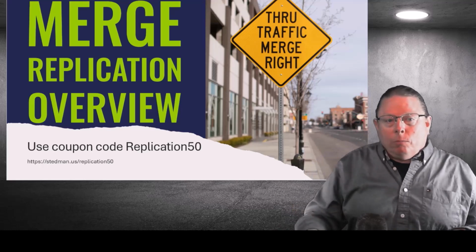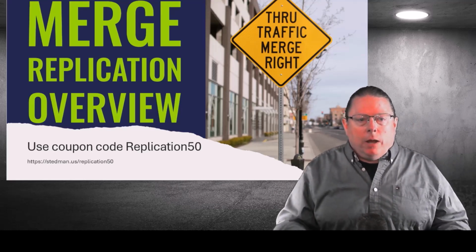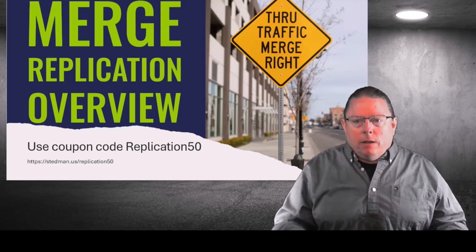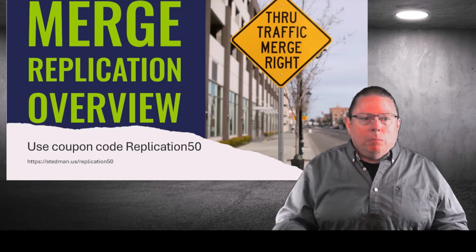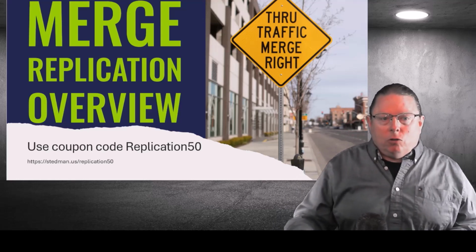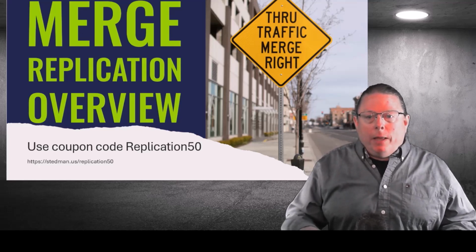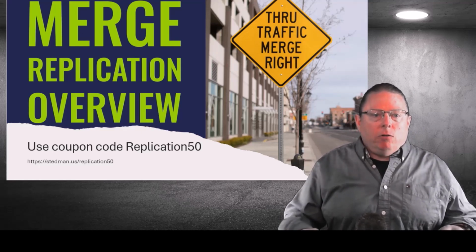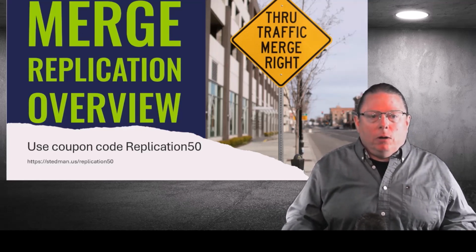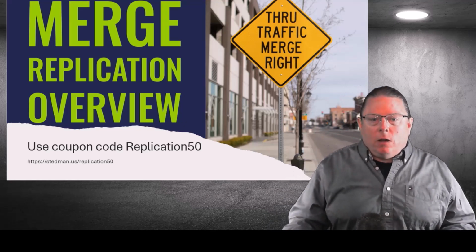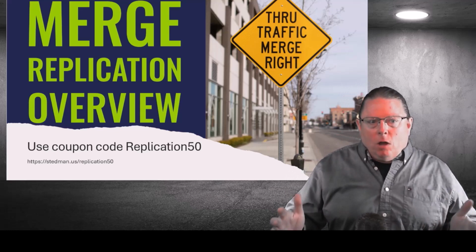We haven't used the term conflicts or talked about conflicts with snapshot replication or transactional replication because there are none. The data is changing in one place and it's being published to many subscribers. With merge replication, the data is being changed at many subscribers and then being synchronized and brought back to the distributor and the publisher and then synchronized out to all the other subscribers. So you run into the concept of conflicts.